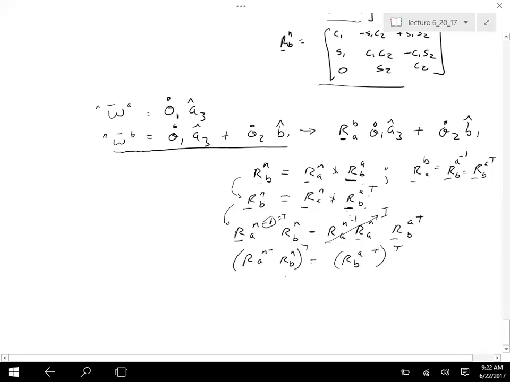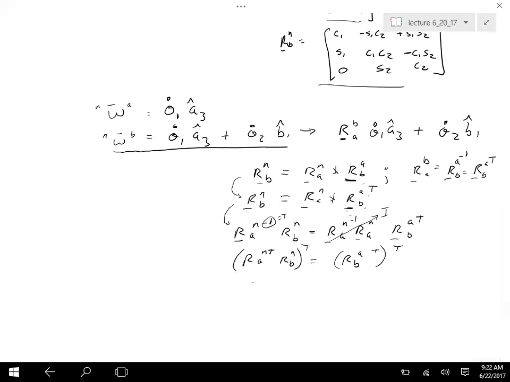Now, quick reminder, what's the transpose of a product of matrices? Do you recall that? It's not simply the transpose of each term. Reverse the order. It's the transpose of the reverse order.